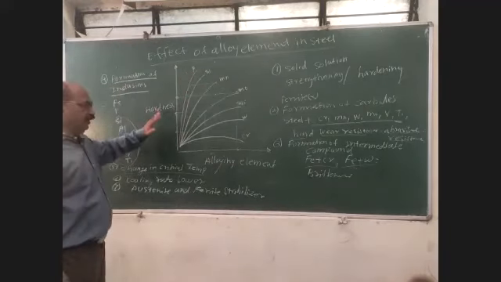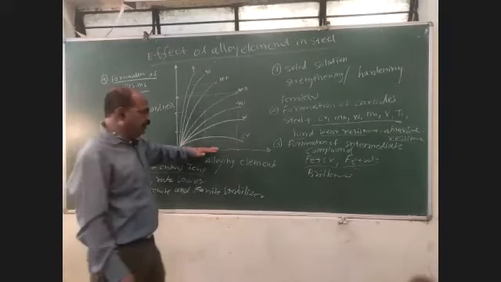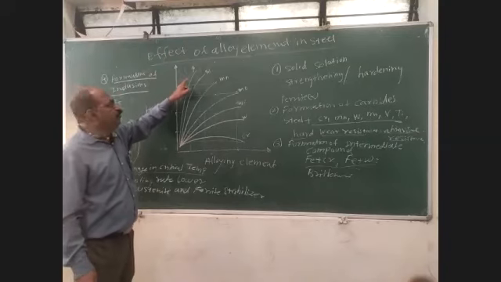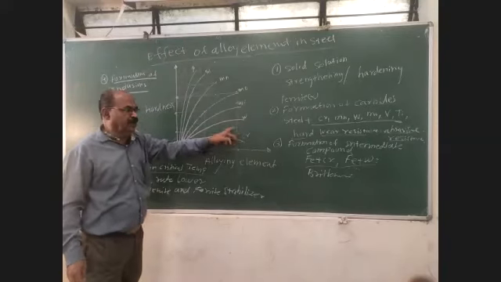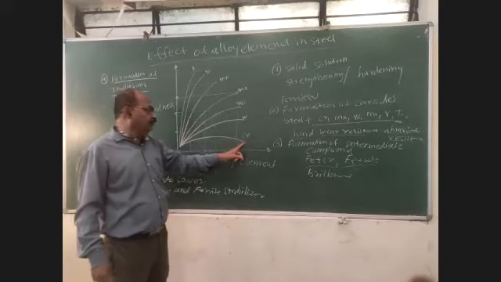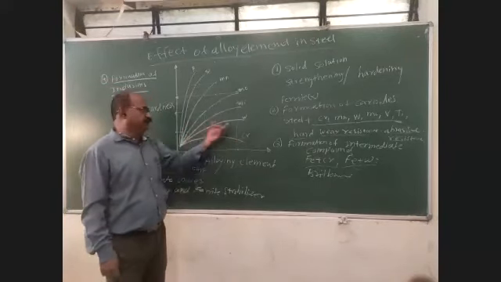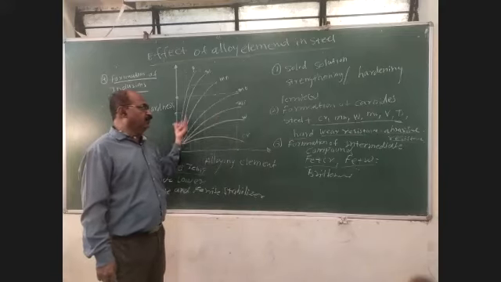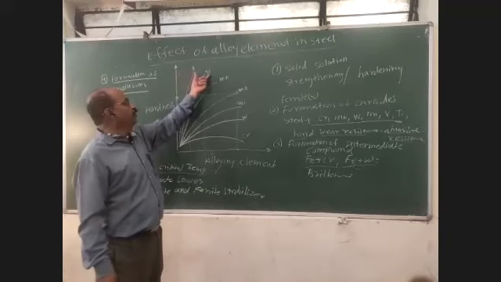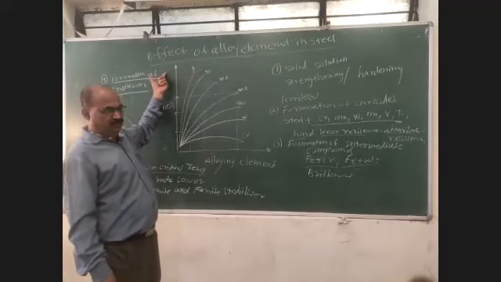So this graph indicates that by adding the alloying element, hardness will increase for a particular alloying element. If you add chrome, hardness is very less. If you add tungsten, hardness is more. Nickel more, molybdenum more, Mn more, silicon more, phosphorus more.